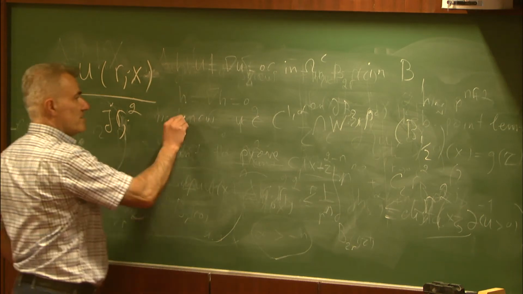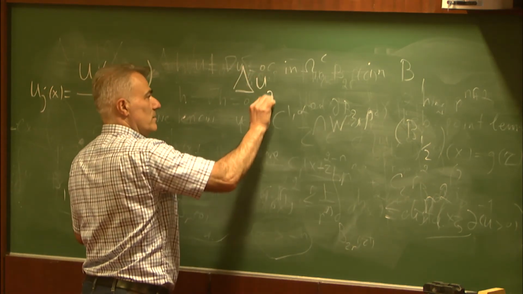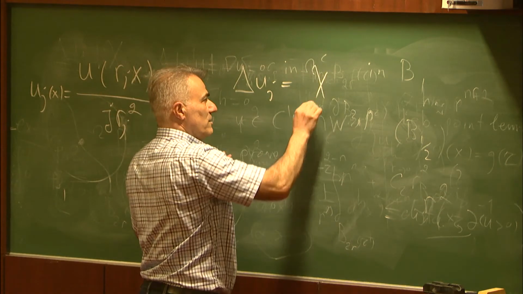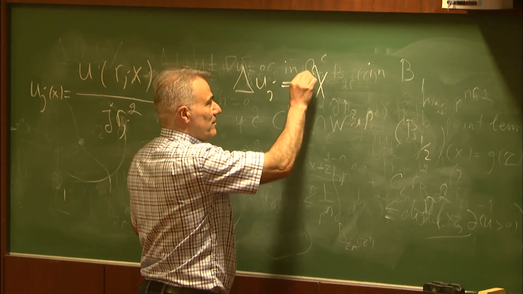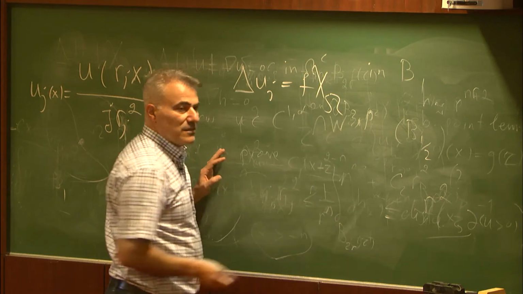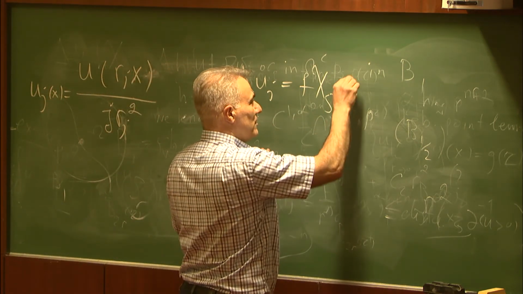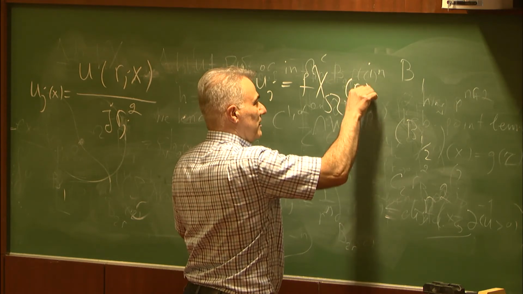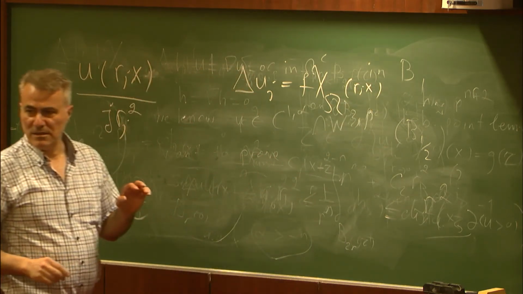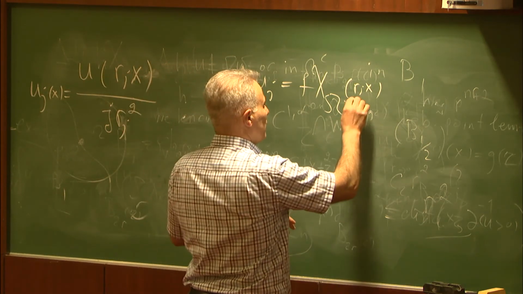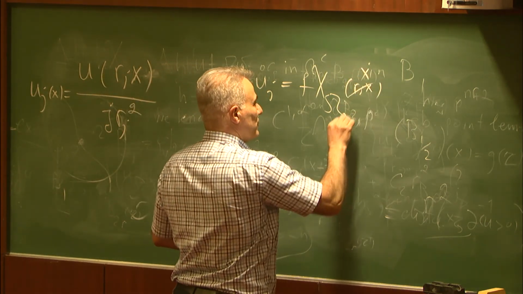Then this one satisfies the Laplacian of uj is what? Here's the characteristic function. I have an f here, but I skip that, and you can still have it. It doesn't really matter. But omega is not omega, it's the state version. So it's going to be Rj x. You can actually change this x and put a j here.